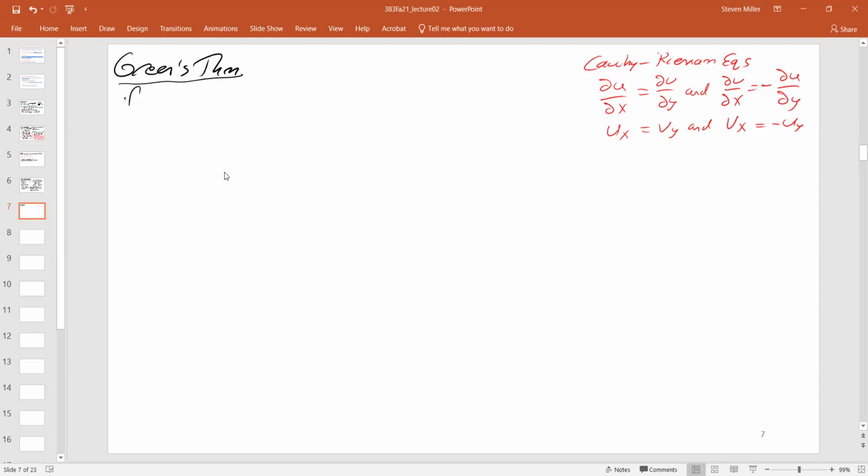So here we have a function p of x, y, another function q of x, y. We have some curve in space, and we want to integrate over some curve gamma.